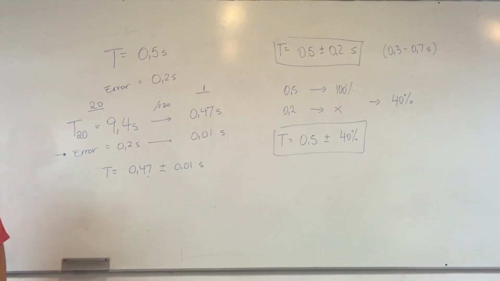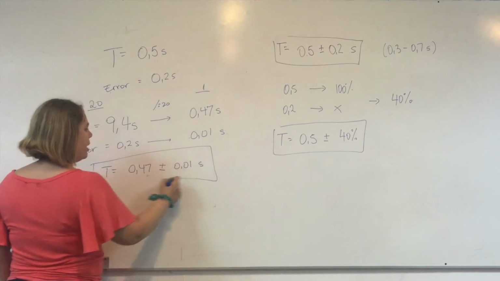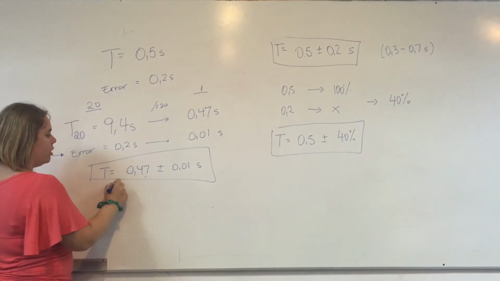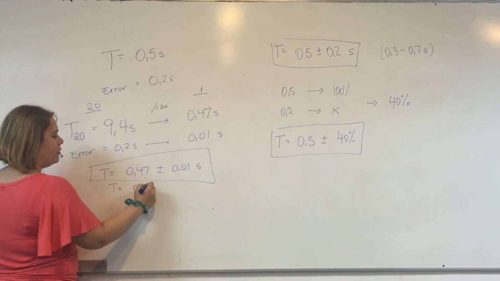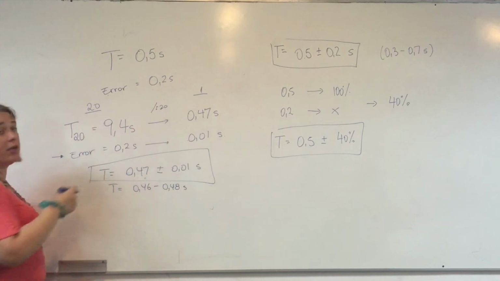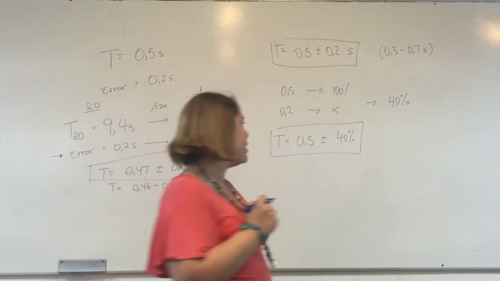Let's calculate our percentual error in this case. So here we have our absolute error, which means that basically our measurements are between 0.46 to 0.48 seconds, much better than above, right? And once again, we use our rule of 3.